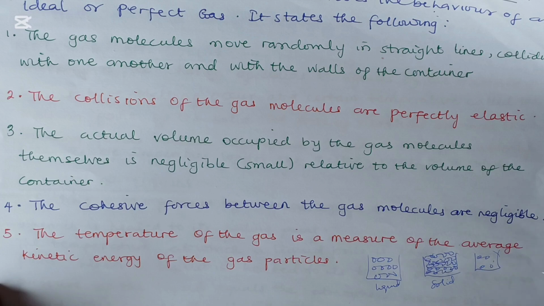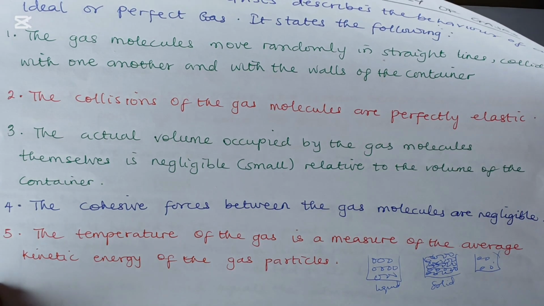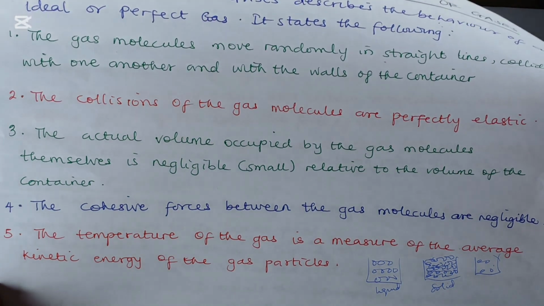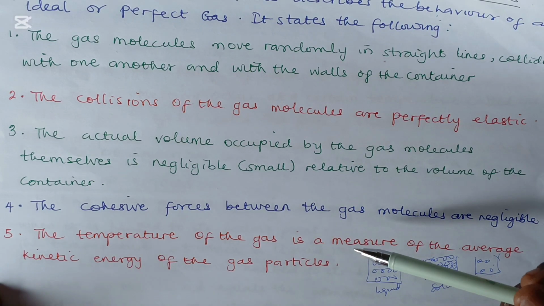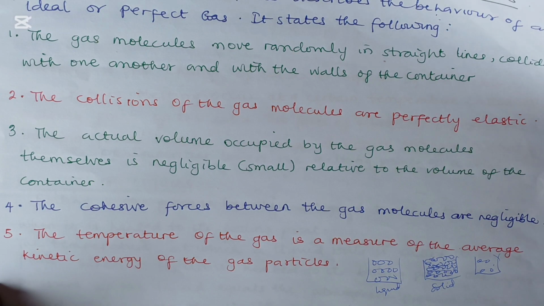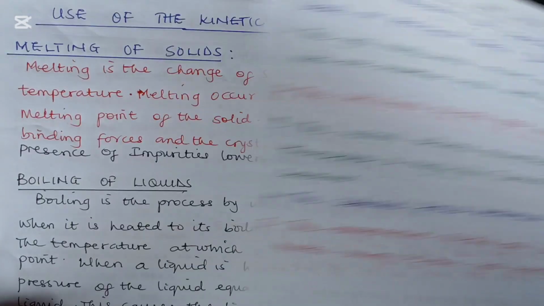The same thing in liquid, and at a point all of them start behaving like a gas. They are in a state of randomness, and so at that state they are moving about. That is because they possess kinetic energy, which is energy possessed by a moving body or a body in motion. And this is always increased as a result of an increase in temperature, and that's why we say the temperature of a gas is a measure of the average kinetic energy of the gas particles.